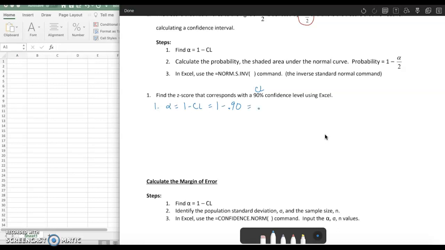So our alpha value is 0.10. Next, we're going to find the probability by doing 1 minus alpha over 2. So 1 minus 0.10 divided by 2, or 1 minus 0.05, which is 0.95.